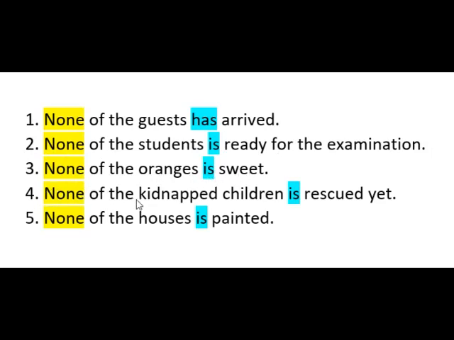Number 4, none of the kidnapped children is plural, but we use is because of the word none, which we used in the beginning of the sentence, is rescued yet. Number 5, none of the houses is painted. House is plural, but because of none, we go for a singular verb, is painted.